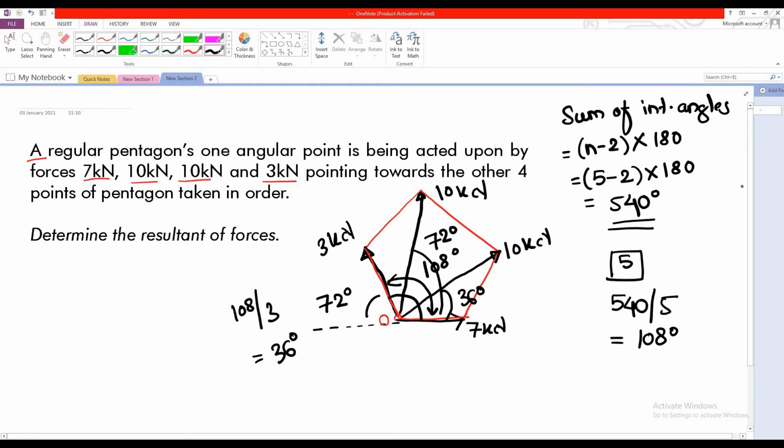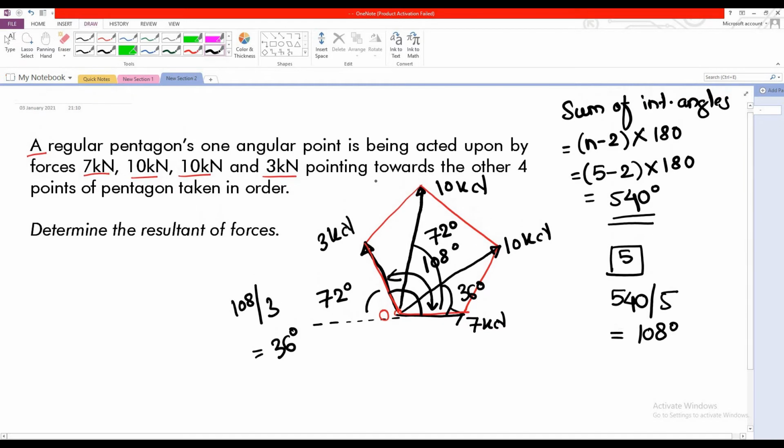Now if we want to convert this complicated diagram into our regular diagram of the XY axis system, how is it going to look? See, this is the X axis, this is the Y axis, then we have the forces as these ones. Sorry, let's try to redraw this. This one is 7 kilonewton, then the 10 kilonewton force, how much is the angle? 36 degrees.